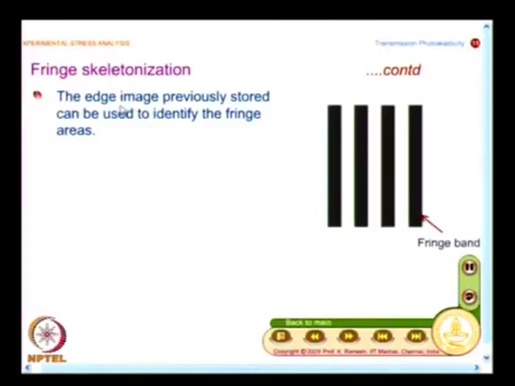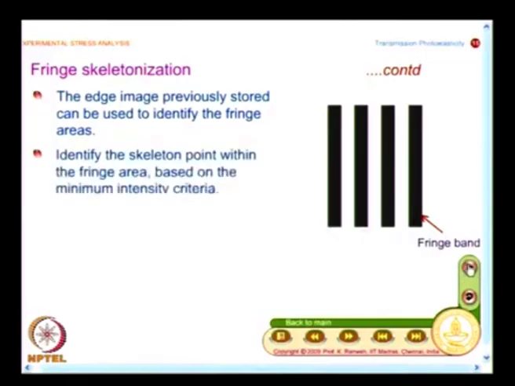And what is shown here is, we have already seen I can get the fringe areas identified by a simple process of thresholding, and I have that as an edge image which is previously stored. It can be used to identify the fringe areas. Now, I have a very simple fringe band, and when I have this as vertical, you can think of a beam under bending kept in a vertical direction.